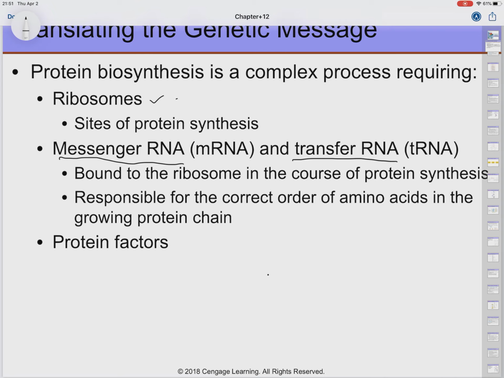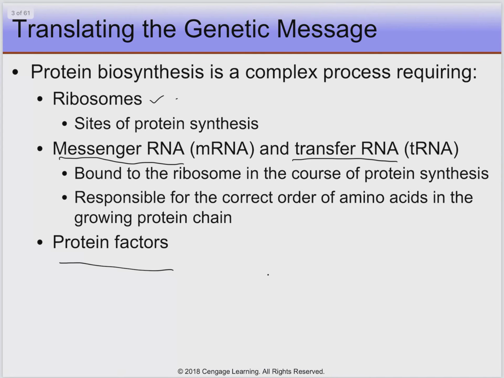We're going to see that tRNAs bring in the amino acids necessary for the growing chain of the peptide. And then there's going to be some protein components. We'll call them initiation factors. And we'll look at those a little more closely when we get to chain initiation, elongation, and termination.